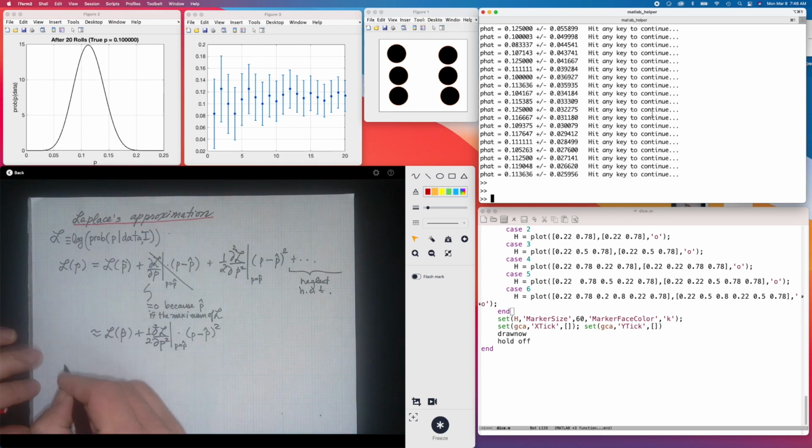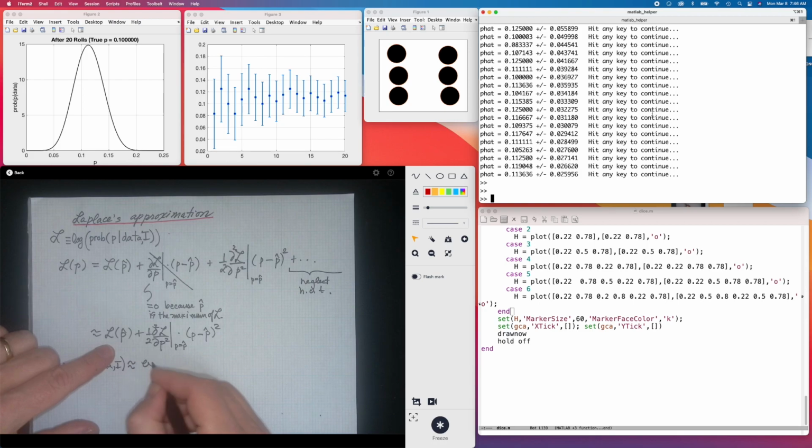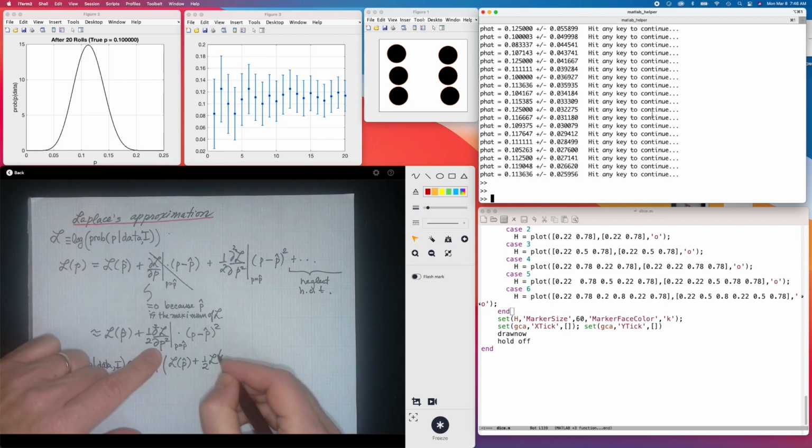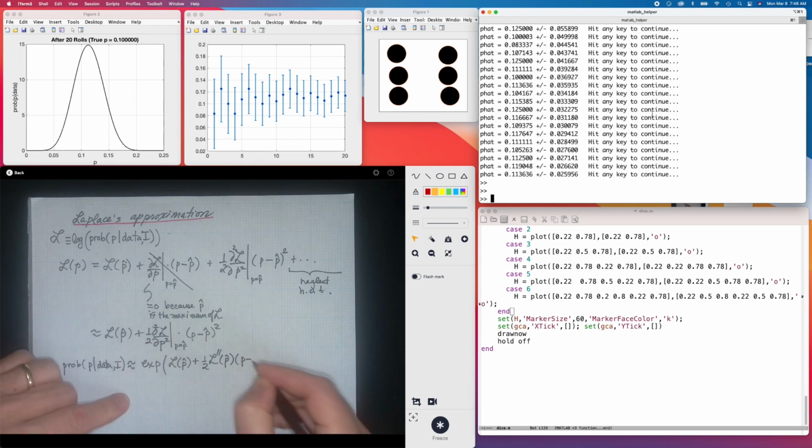All right, so then that means that the probability of p, conditioned on the data, is going to be approximately equal to the exponential function of L of p hat plus 1/2 L double prime, sorry, the second derivative, evaluated at p hat, multiplied by p minus p hat squared, close the parenthesis.